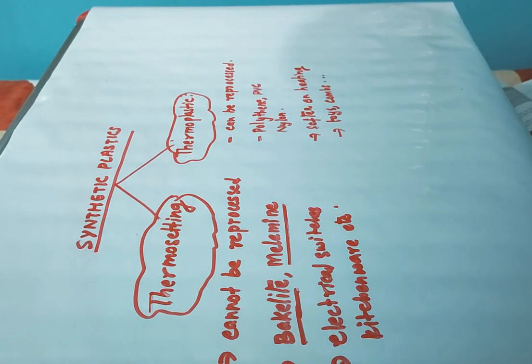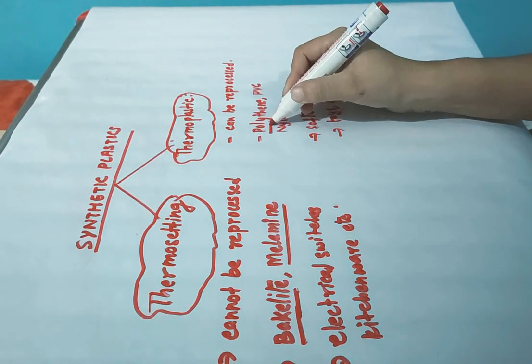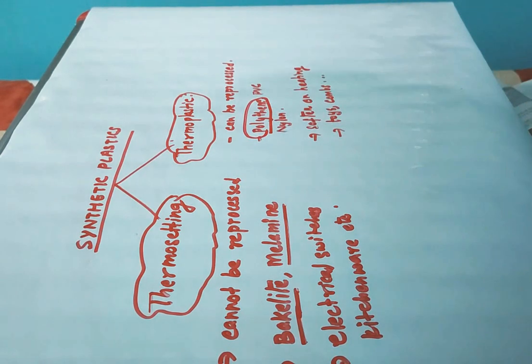Now you come to know that there are two types of synthetic plastic. Now, what are the most common synthetic plastics that we usually see? The first one is polythene. Polythene is used for different purposes, like for making sheets, as I have shown you, carry bags and all.